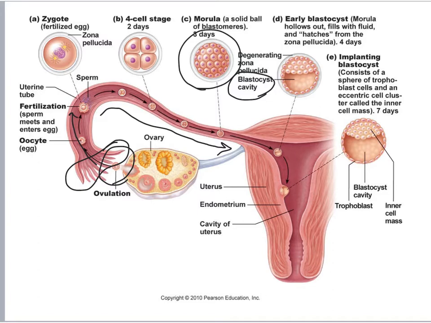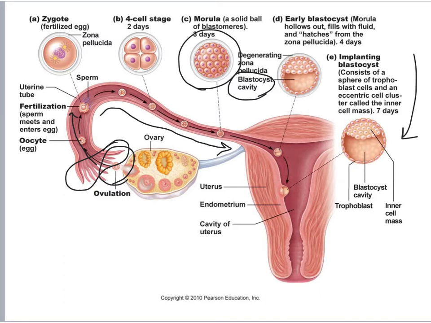If we look over here to the right, you can see that what happens next is this blastocyst will eventually implant itself into the lining of the uterus, which, if you remember, is called the endometrium. Now, the blastocyst does stick around for a couple days, 2 or 3 days, and it's nourished by the glycoprotein-rich uterine secretions inside of a woman's uterus.